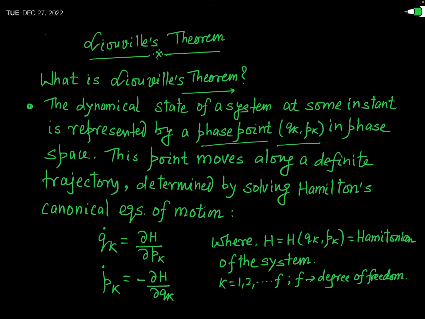And if your aim is to determine that phase trajectory, you have learnt that we can find it by solving the Hamilton's canonical equations of motion, which describe the phase point in the phase space.